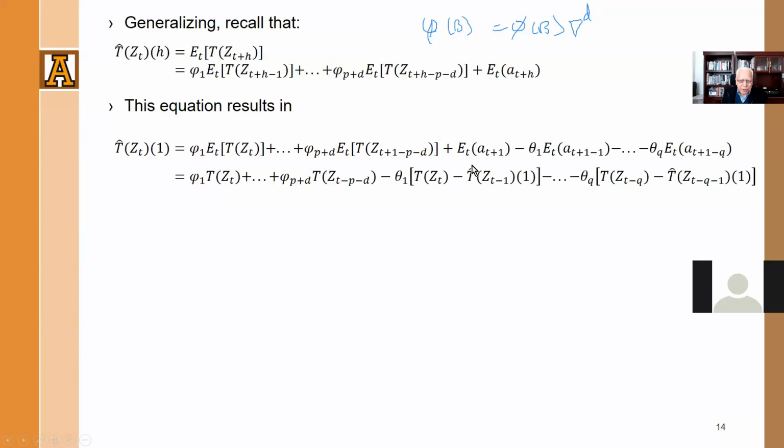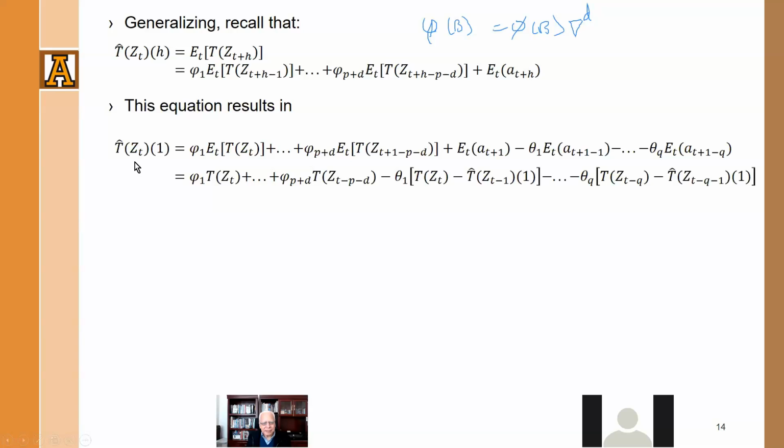So if you work out the conditional expectation, it will turn out that this optimal forecast is going to be phi_1 Z_t plus this whole polynomial, minus the moving average part multiplying the A_t's that we already know.